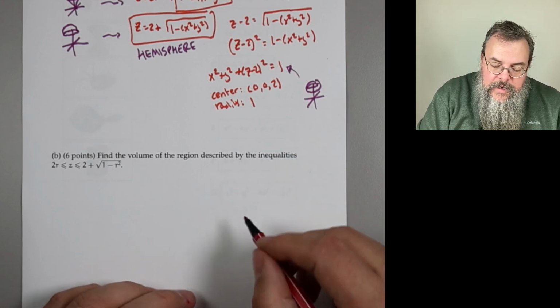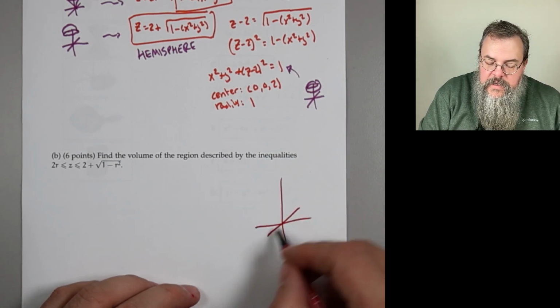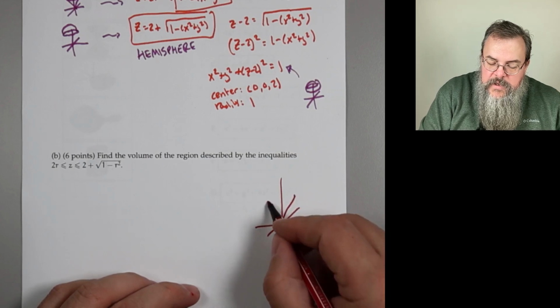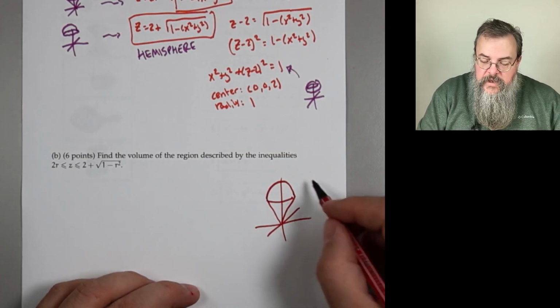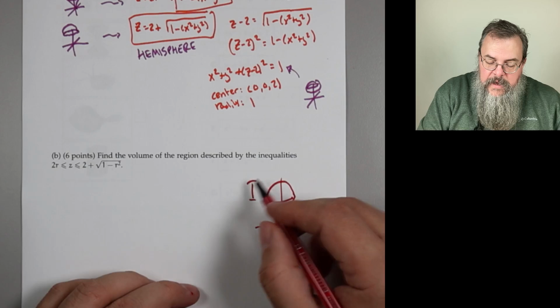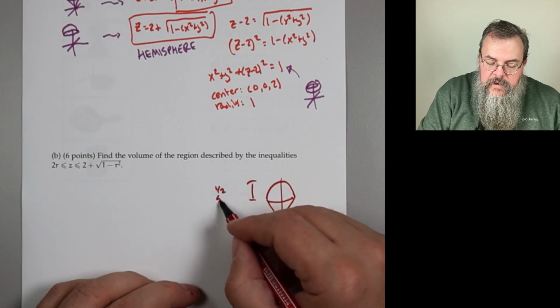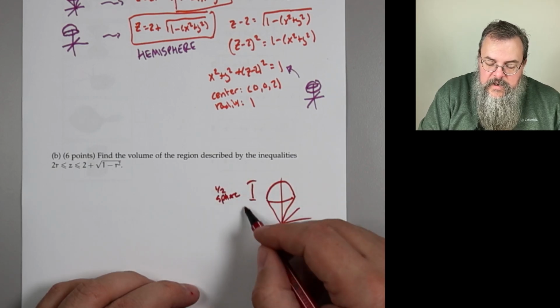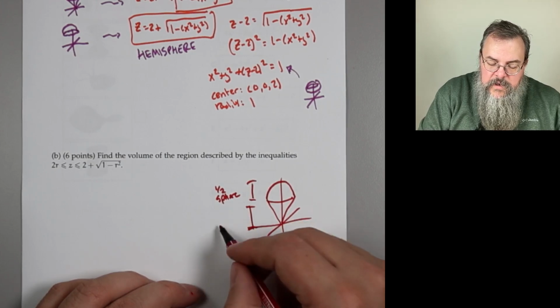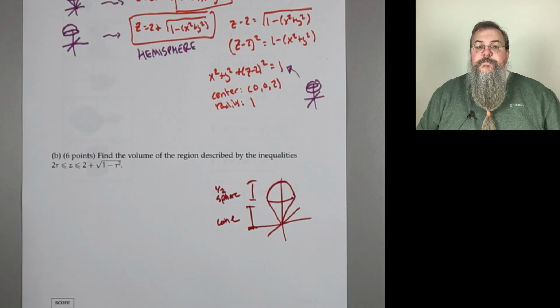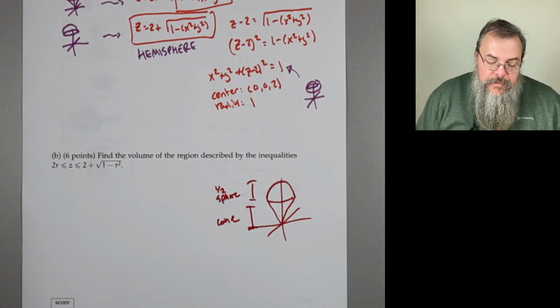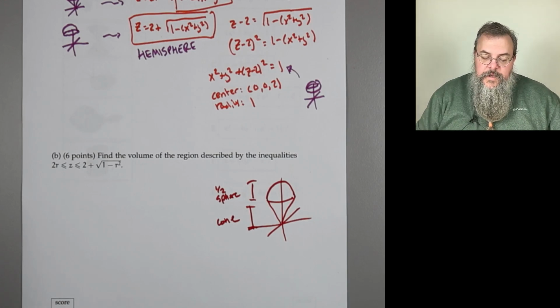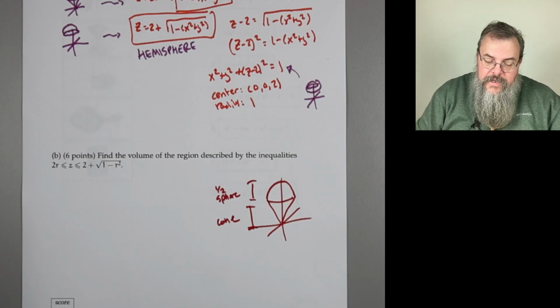If we think about what's going on, we have a cone coming up, and then it's going to be topped off by a hemisphere. So we have half a sphere, and then down here we have a cone. Now we just need to figure out the volumes of these shapes. Let's start with half a sphere. We need to figure out our radius.